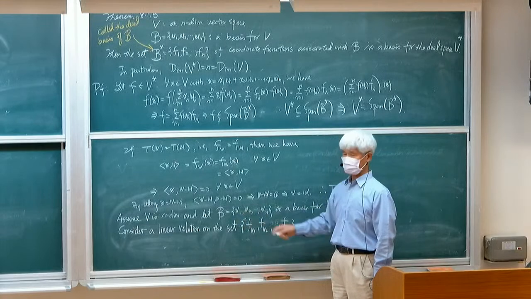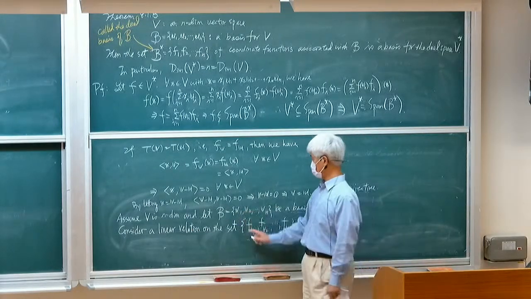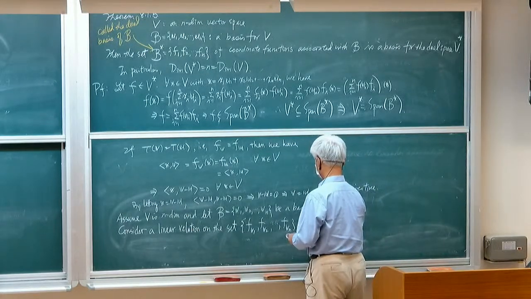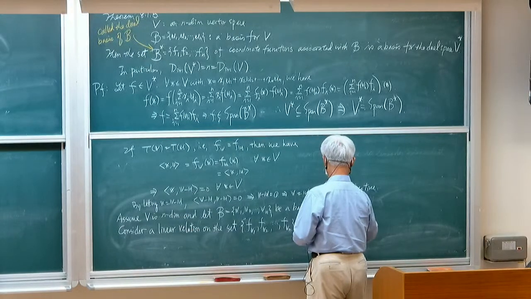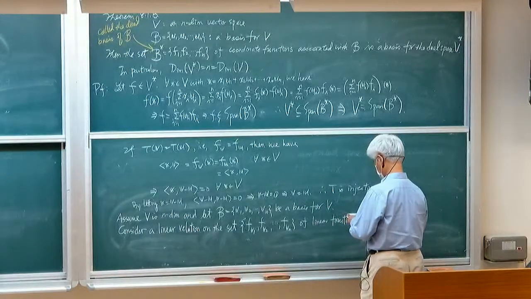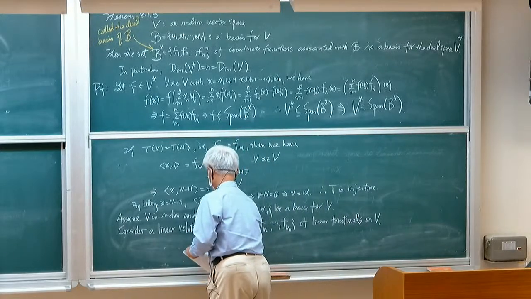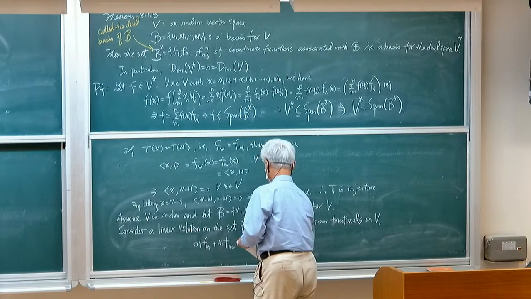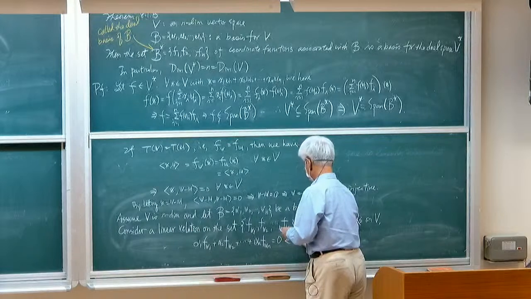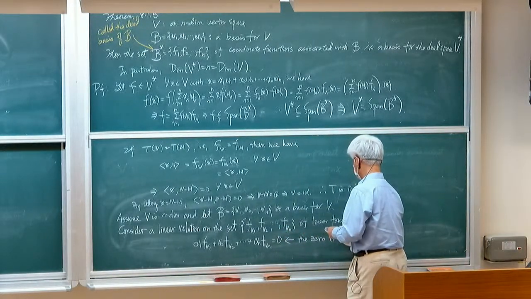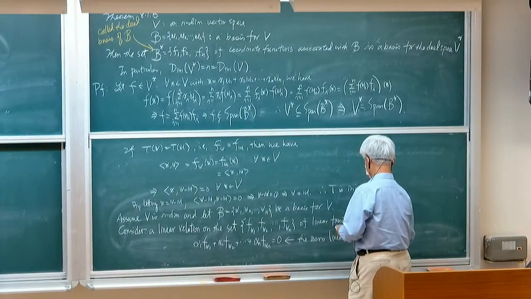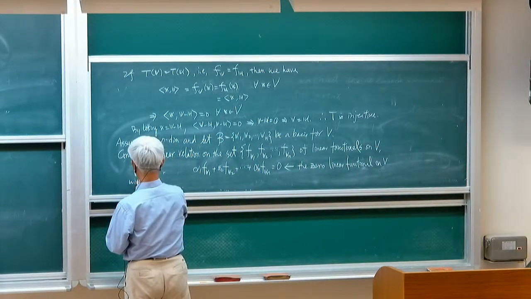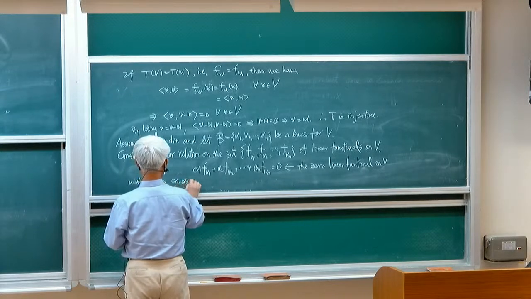From this basis we can construct a set of linear functions, f_v1, f_v2, f_vn. So suppose alpha 1 f_v1 plus alpha 2 f_v2 plus ... plus alpha n f_vn equals 0, and this 0 is the zero linear function on V, with the scalars alpha 1 up to alpha n.